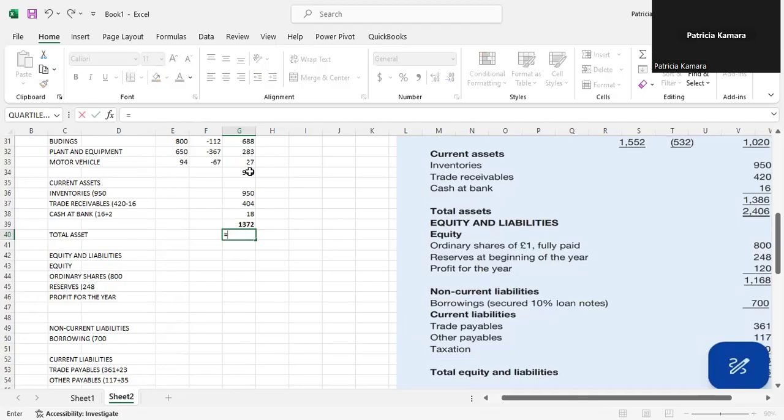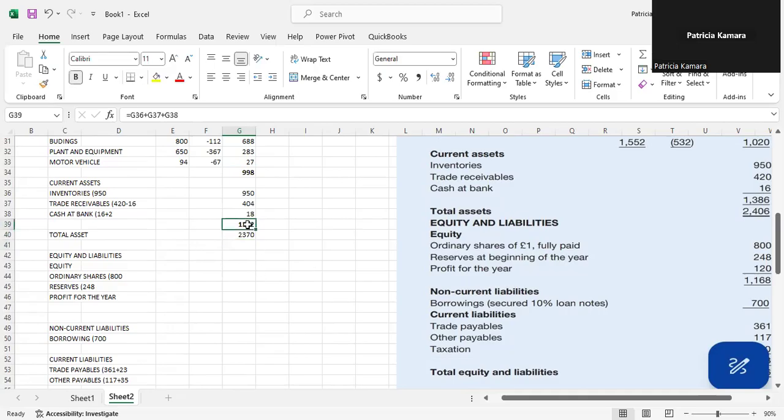Our non-current asset figure is 998 plus our current asset figure of 1,372, giving us a total of 2,370. Right, so now let's go to our equity figure.